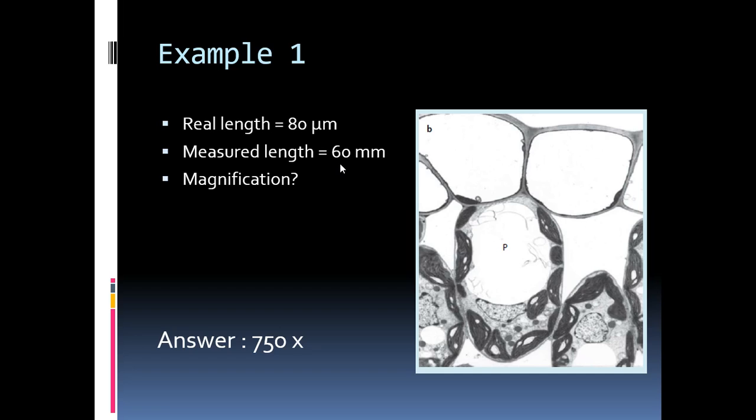Remember? So 60 millimeter is equal to 60,000 micrometer. So therefore, to solve this question, 60,000 micrometer divided by 80 micrometers, and you will get the answer as 750 times, right? So the magnification is 750 times.